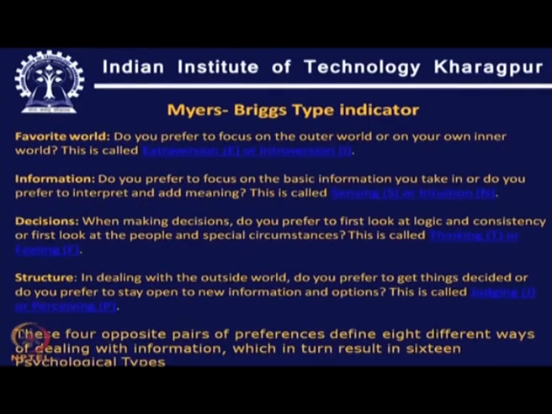Accordingly, the Myers-Briggs type indicator is also a classification that you do, and it leads to 16 different types. Again, these are questions that you ask about your favorite world. Do you prefer to focus on the outer world or on your inner world?